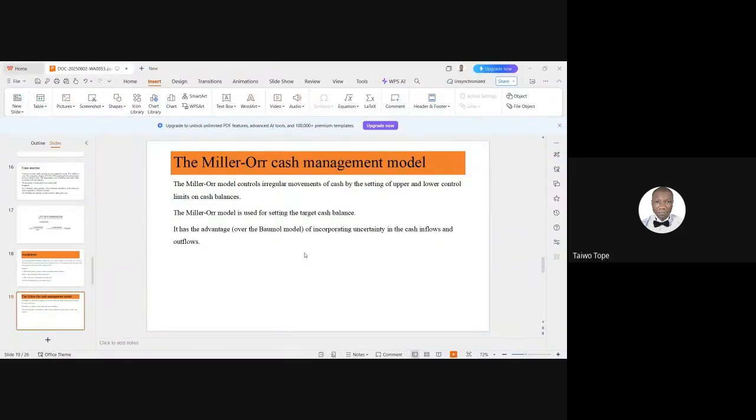The Miller-Orr model was developed by Merton Miller and Daniel Orr. Unlike the Baumol model, this model assumes cash flows are uncertain and random.